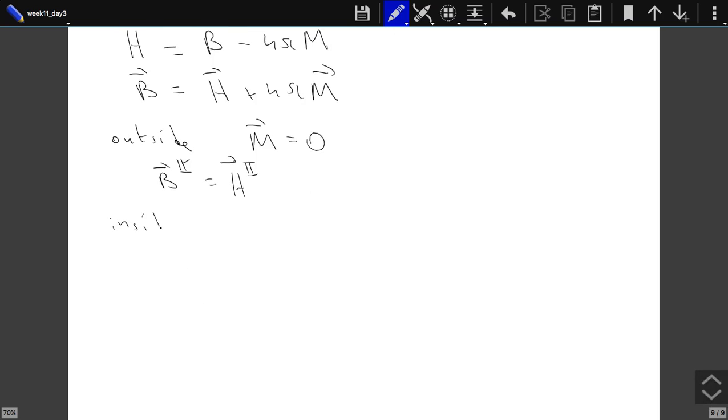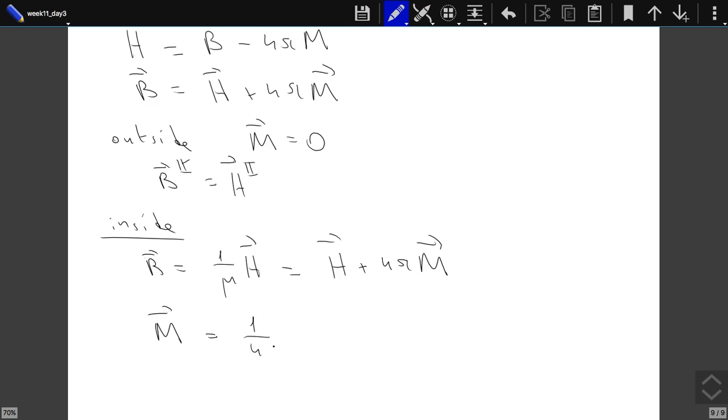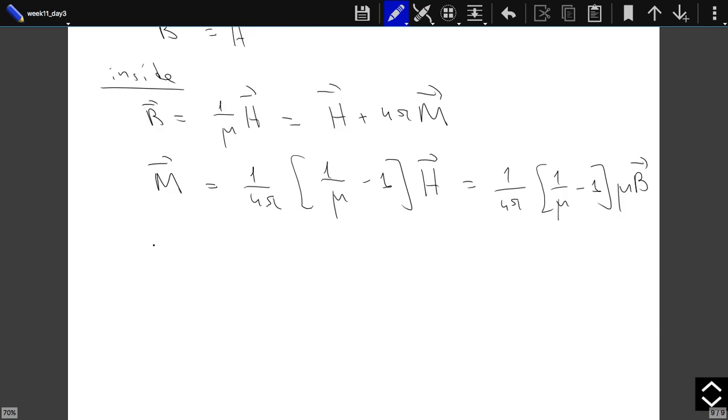Now let's look at inside. We know that B is equal to 1 over mu times H, which is at the same time H plus 4 pi M. So M, the magnetization of our system, we can just calculate it as 1 over 4 pi times 1 over mu minus 1 times H. Or this is equal to 1 over 4 pi 1 over mu minus 1 times mu B. We already know what B is.